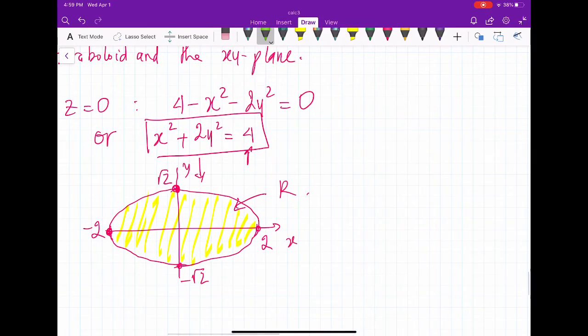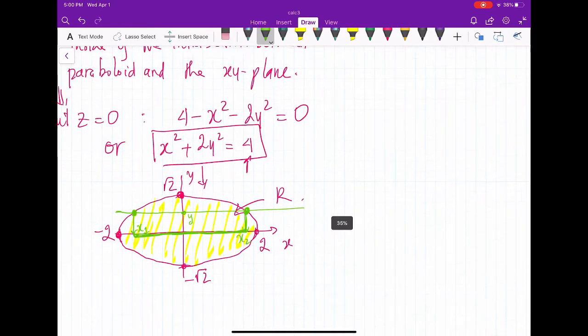We fix y, we make some horizontal line. So how to find the interval of x? We can find the intersection of that line with the ellipse. We have 2 points right here, and we need to find this coordinate and this coordinate. And of course, according to this picture, x will go from x1 to x2.